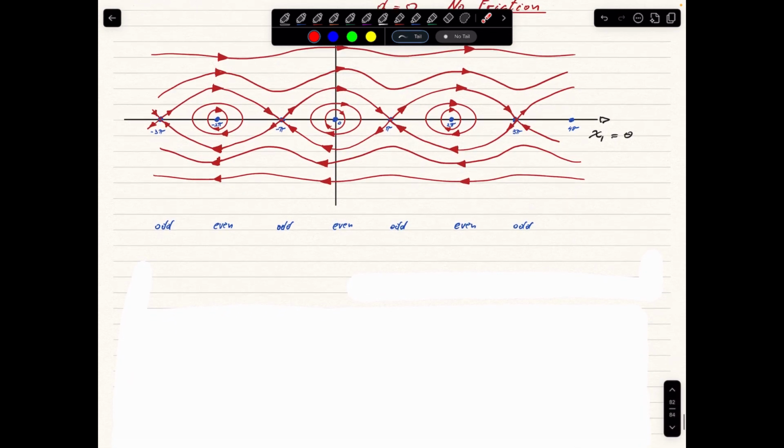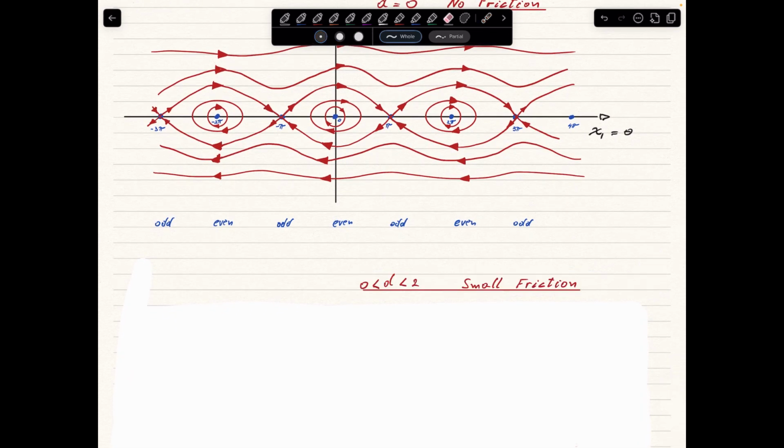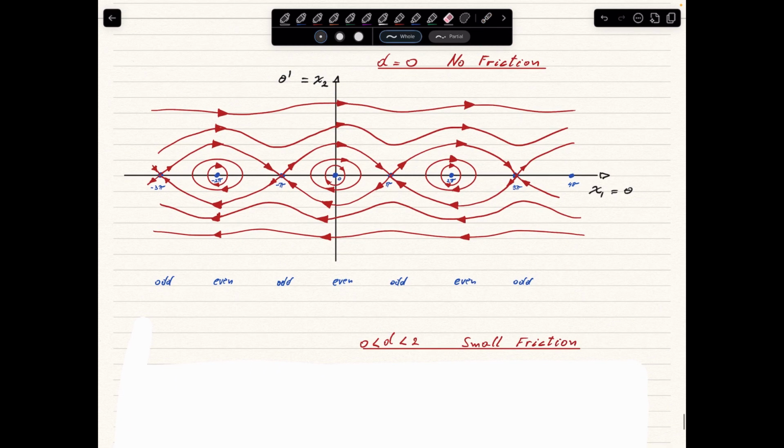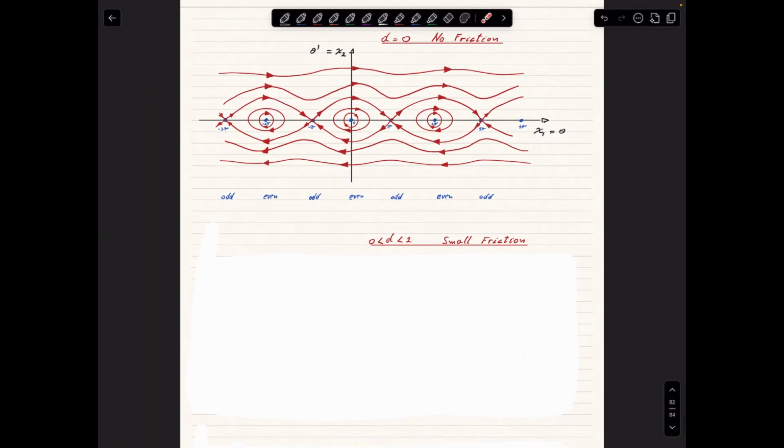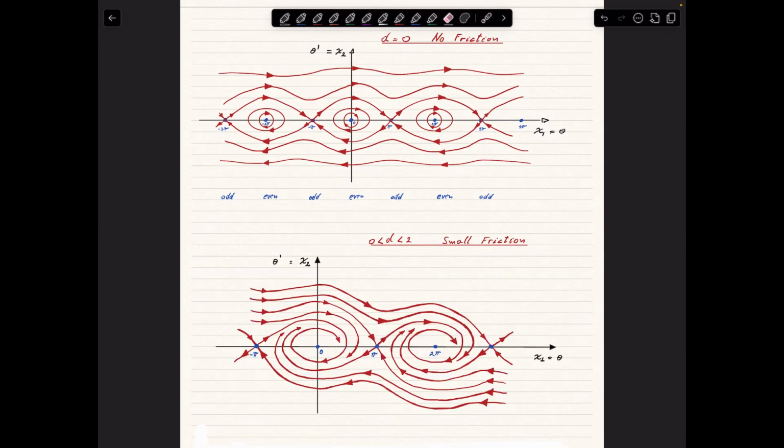Well, when we add friction and the friction is small, then the only change in this solution is that the centers become sink spirals. Everything is the same, but now the motion of the pendulum, for example, this is going over the top, and then at some point it loses velocity, starts oscillating and goes to the center.